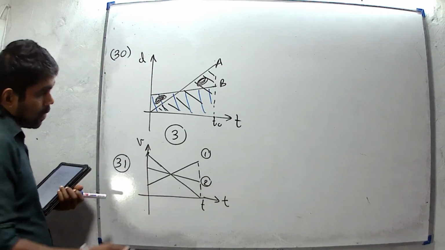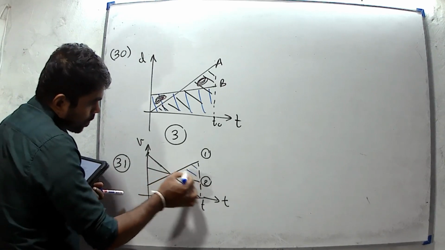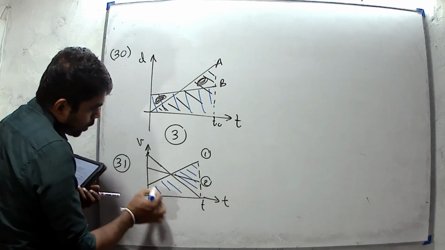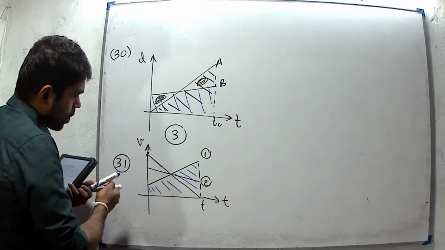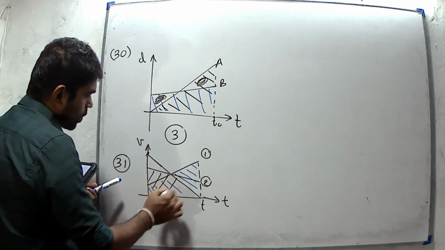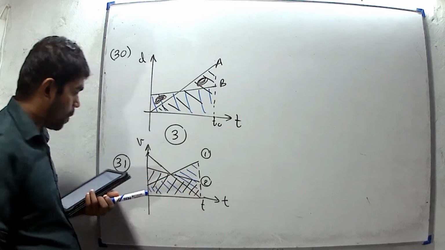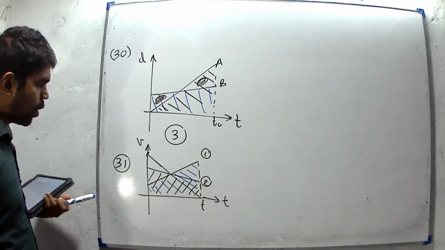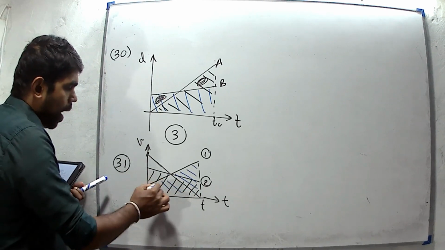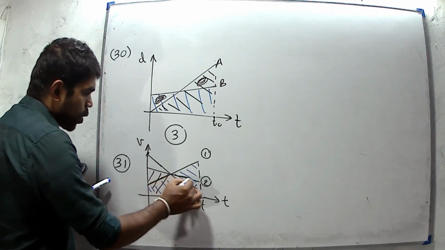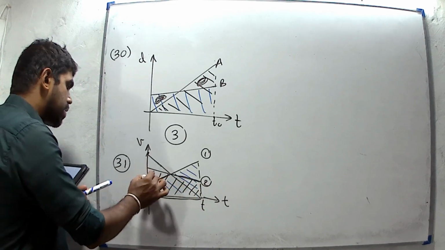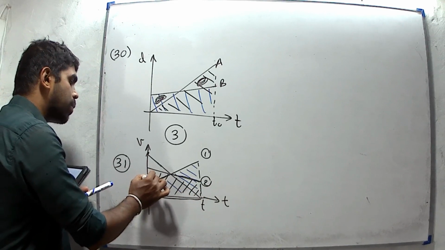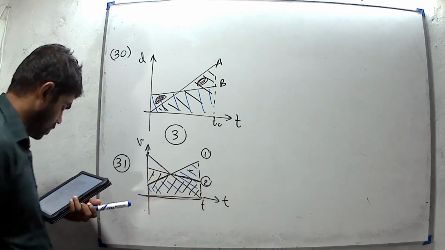I will consider the first and second cars. Then this area for the first car should be equal to this area for the second car. And we know that this part is common for both objects. Then the area of this triangle should be equal to the area of this triangle.